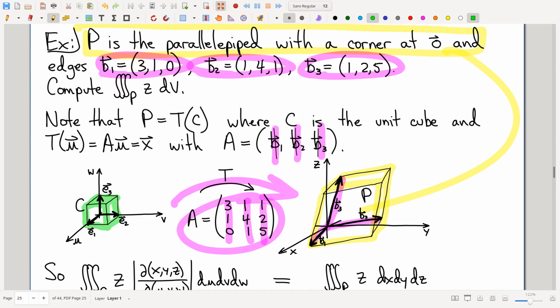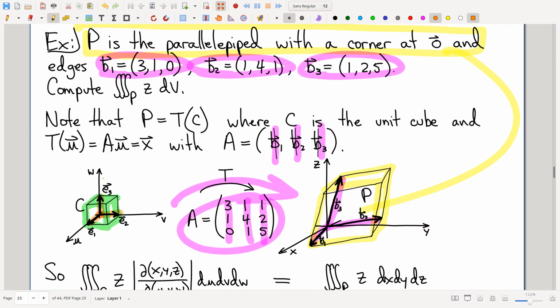Now, how does that work? Well, we can just walk through it. Let's think about what the edges of the unit cube are. The edges of the unit cube are E1, E2, and E3. Let's take these one at a time. What happens to E1 when I put it into this cleverly constructed change of variables function? Well, E1 multiplied by this matrix gives me the first column, namely the first edge of the parallelepiped.